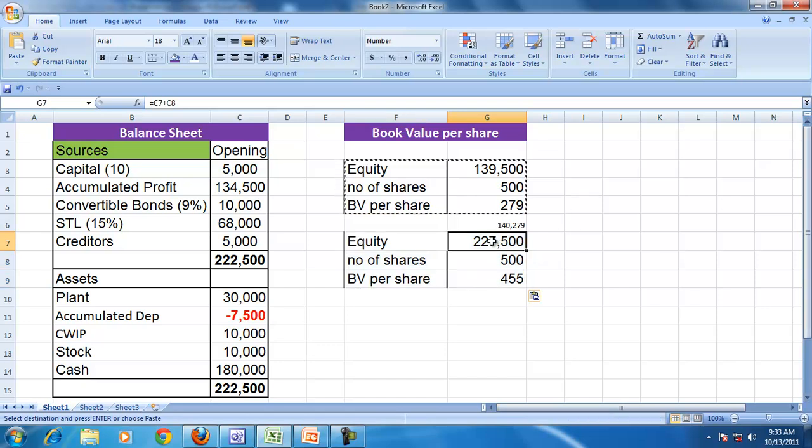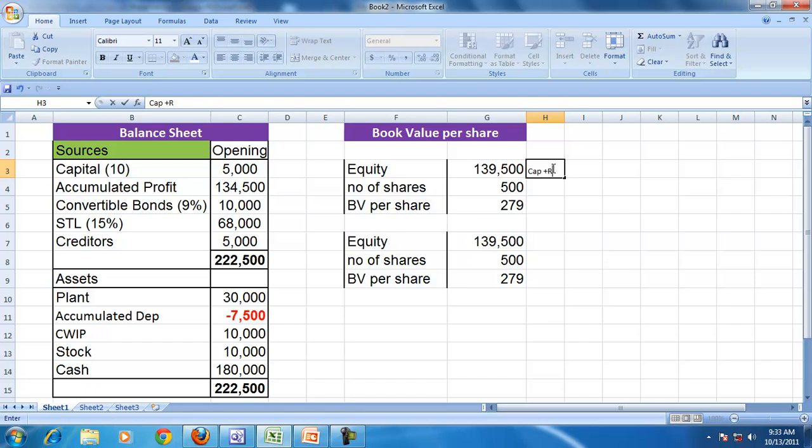The liabilities are bonds, short-term loans, and creditors, and the number of shares is 500. So the book value per share is 279. Okay, so equity can be calculated as capital plus reserves, or as assets minus liabilities.